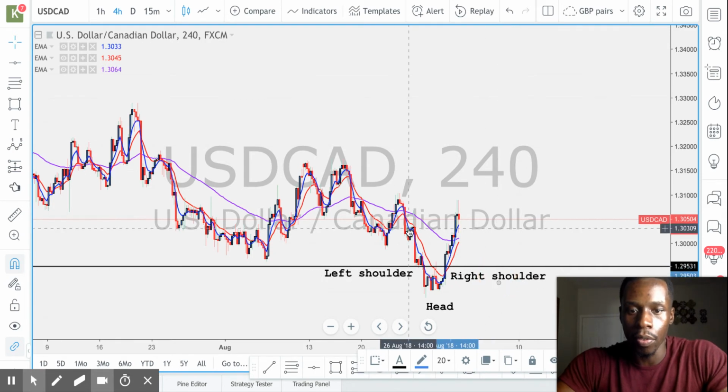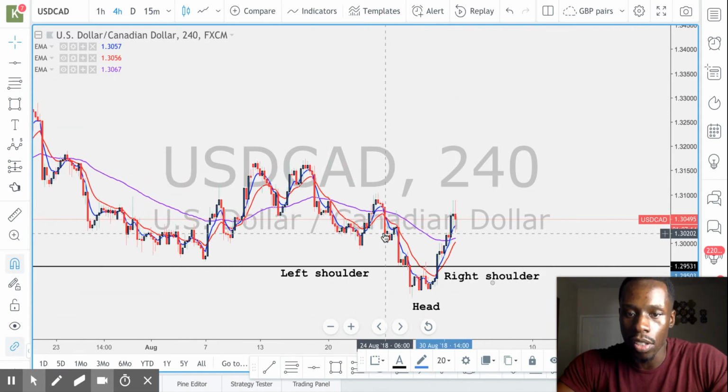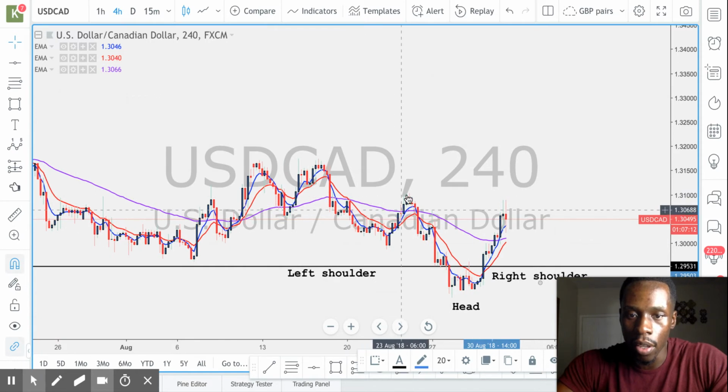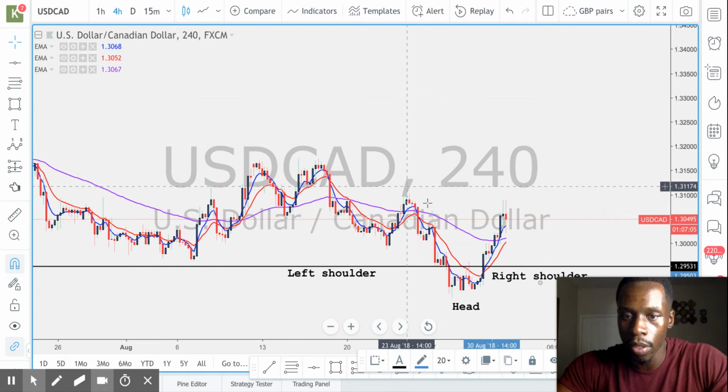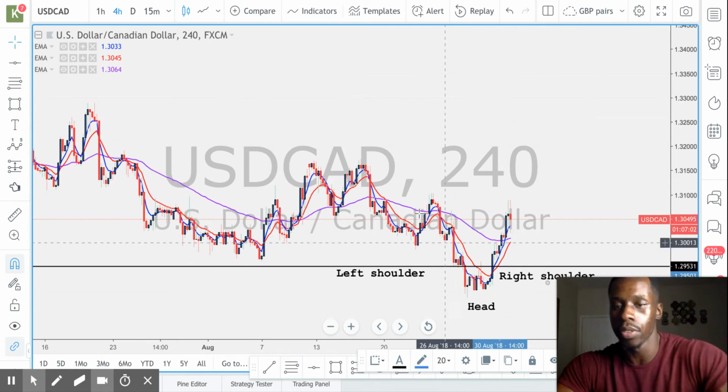All right, perfect. So now you guys know what an inverted head and shoulders is. A head and shoulders is the complete opposite. Just like right here, it made that nice head and shoulders. This is where it made that small pullback at that reversal. Boom, head, right shoulder came down, and then it just did it completely opposite.